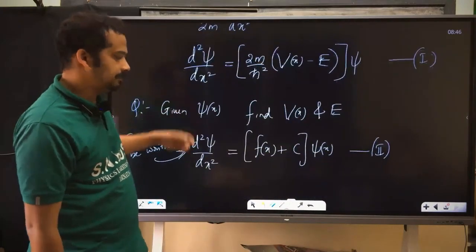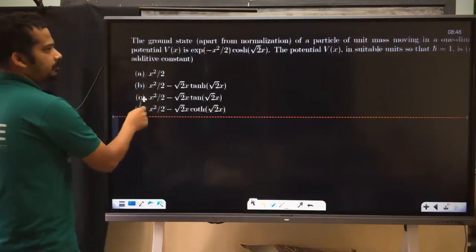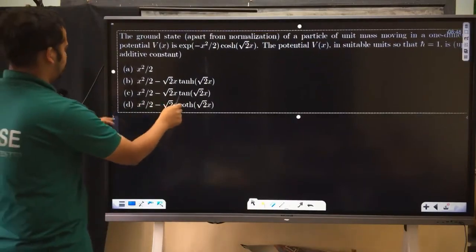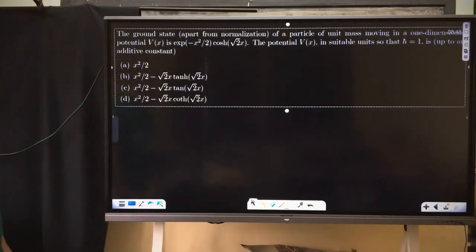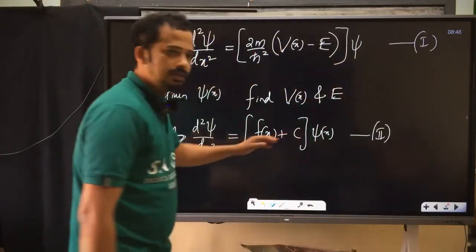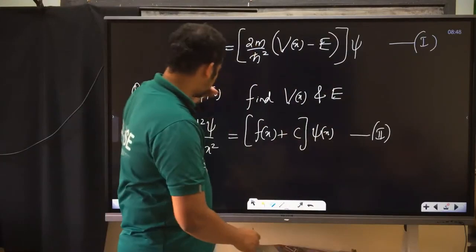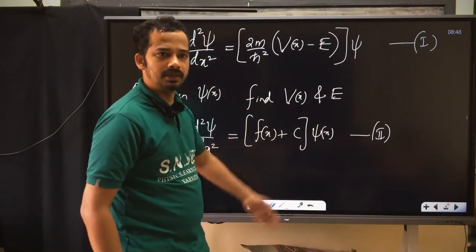Ground state, apart from normalization. Pick up the ground state; the normalization constant is not required for this. You keep the normalization constant inside psi, it doesn't matter.